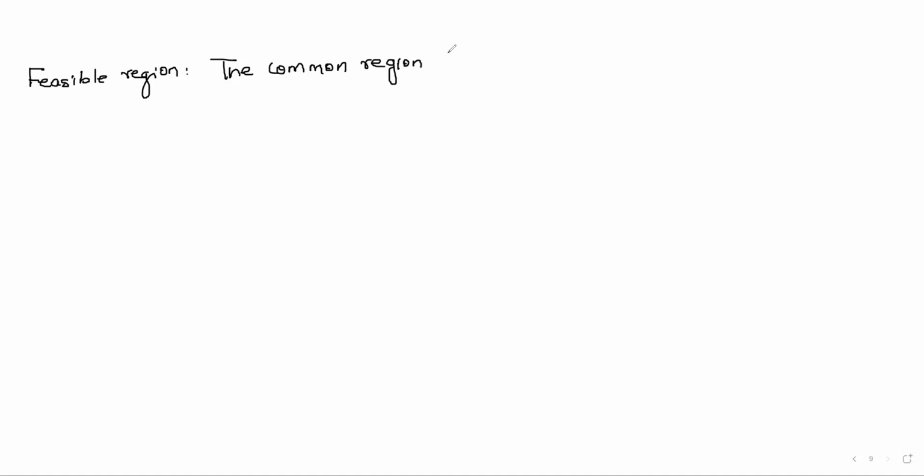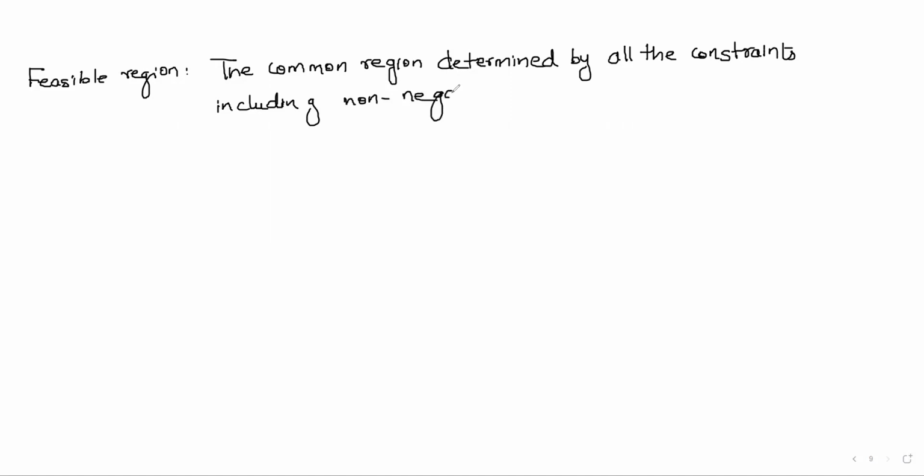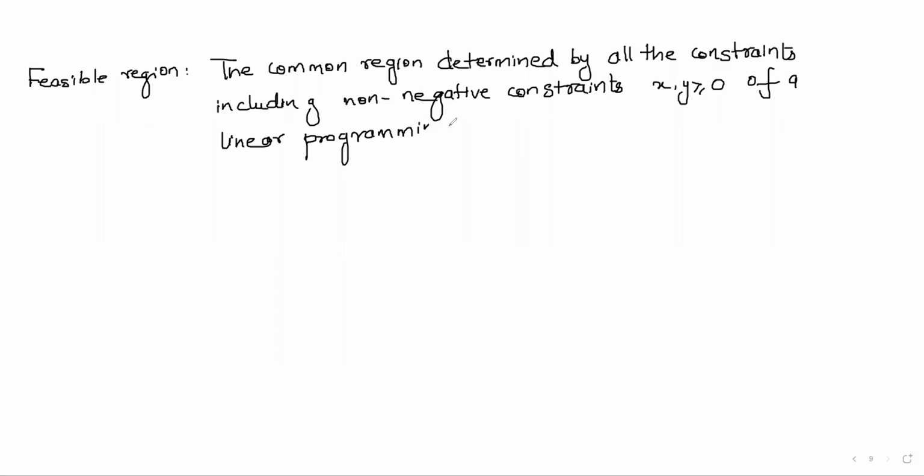The common region determined by all the constraints, including non-negative constraints, x, y greater than or equal to 0, of a linear programming problem is called the feasible region.